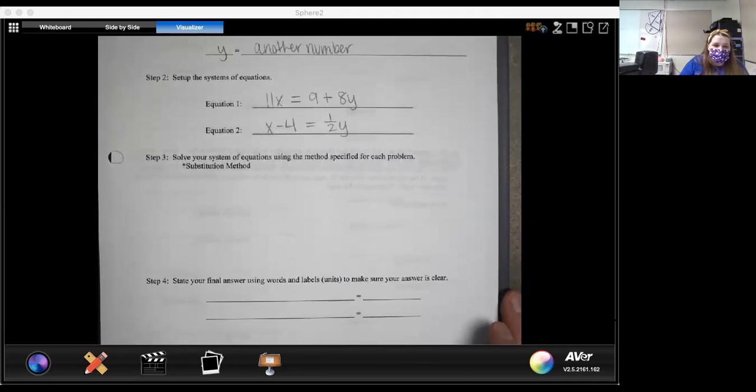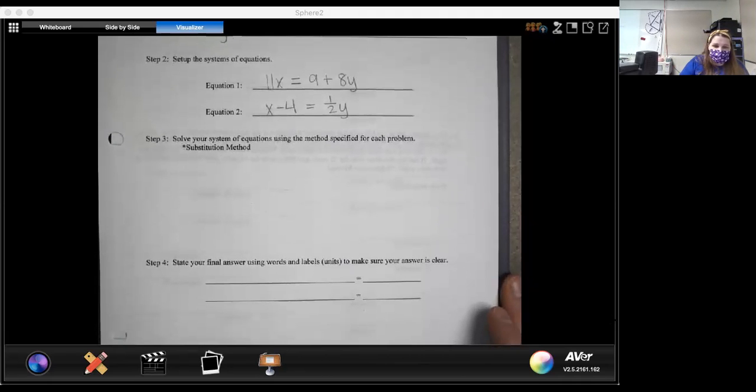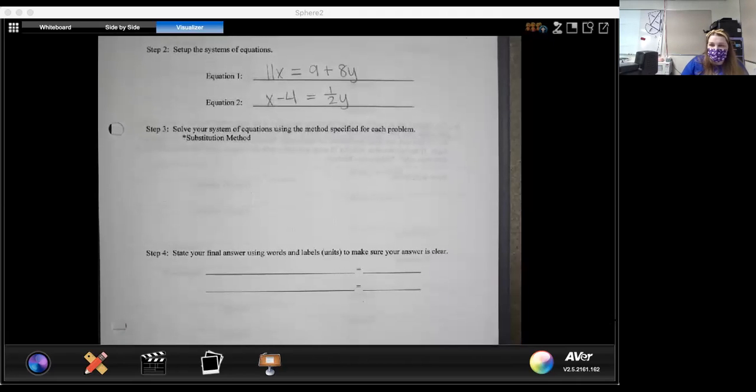All right, step 3, solve your system of equations using the method specified. So it will either specify substitution, elimination, or it might say you pick, okay? Now with these types of problems, there's not necessarily a method that you can't use for any reason. It's just there's going to be methods that make more sense to use.